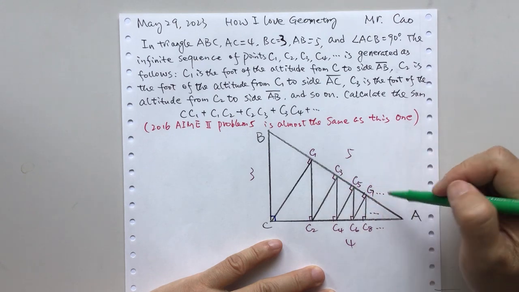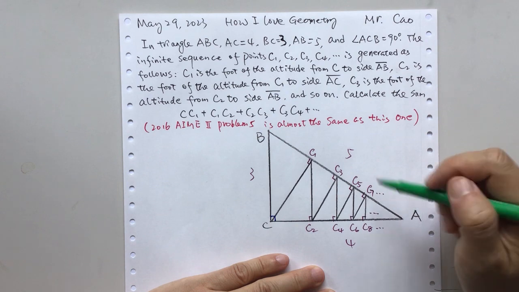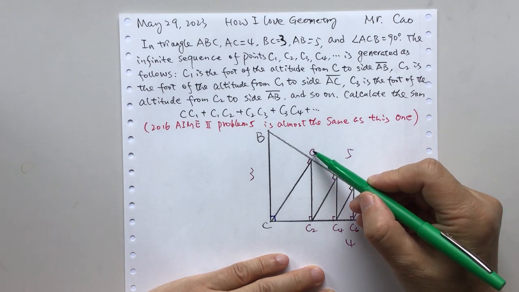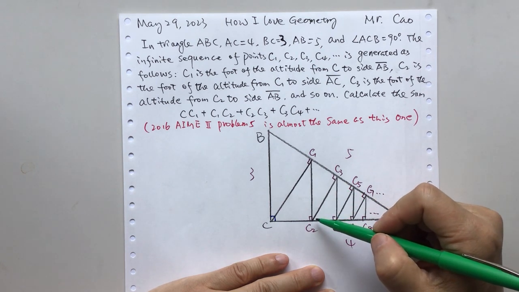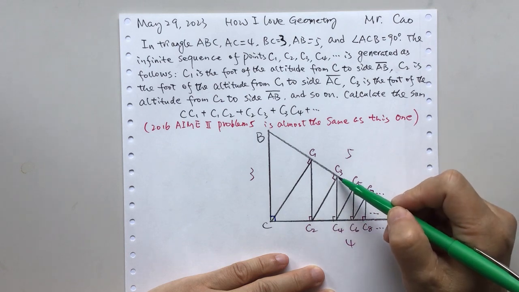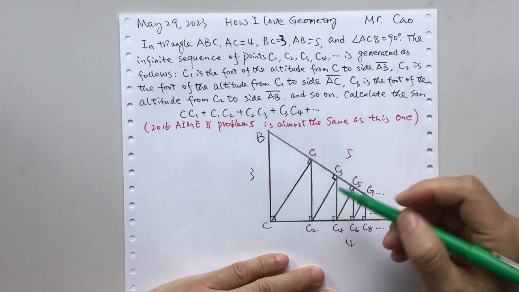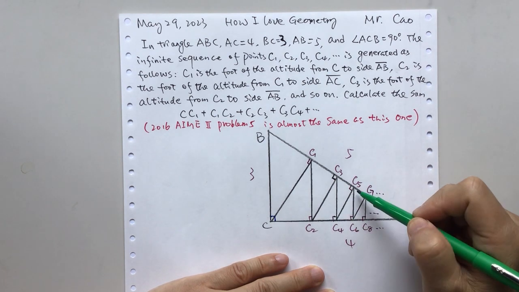CC1 is the altitude of the hypotenuse AB. Then we do the perpendicular from C1 to C2, assume. Then we can go on from C2 to C3, and here also the right triangle, and C3, C4, and so on.